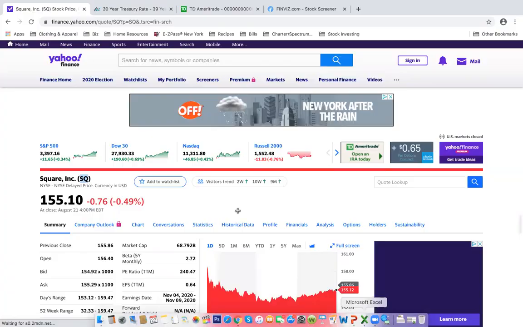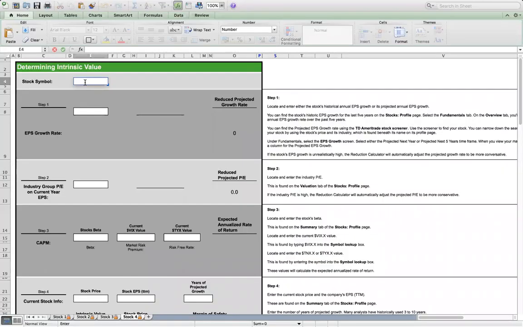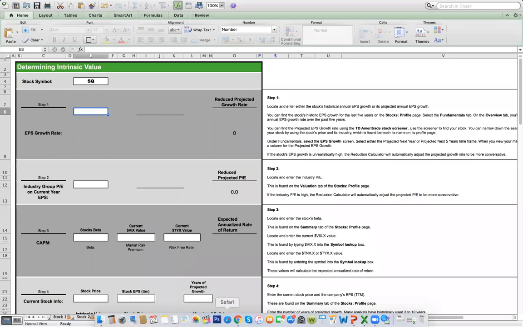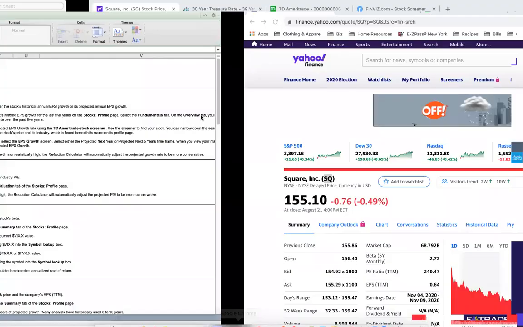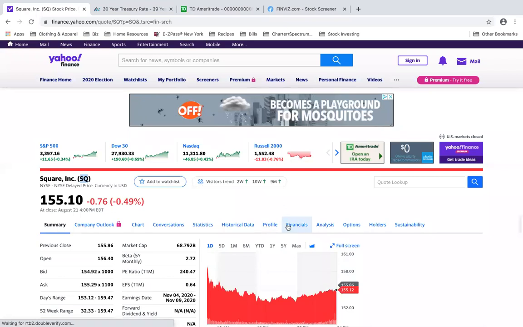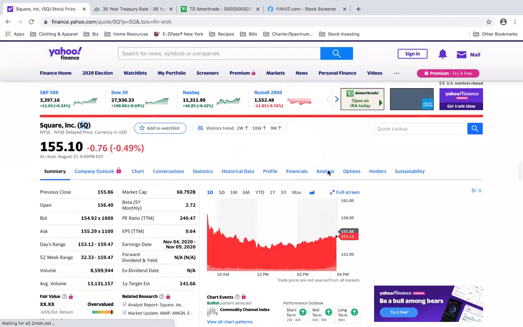You start here and pop in the stock symbol. And the EPS growth rate, which is that growth rate, and it's usually done for 5 years out. It's a common estimate of the growth for 5 years out. And you can find that on TD Ameritrade, or you can go to Yahoo Finance and look under, was it the analysis?